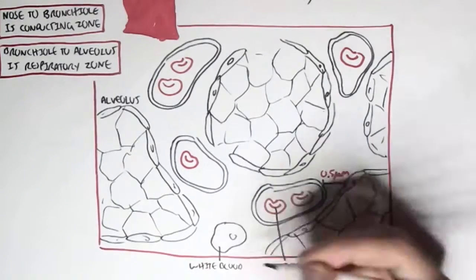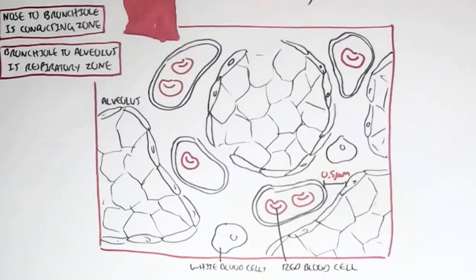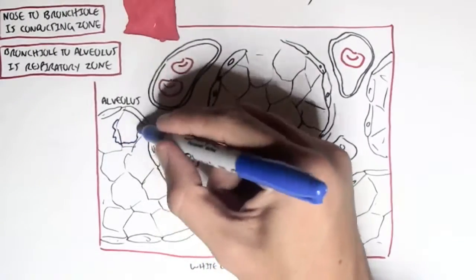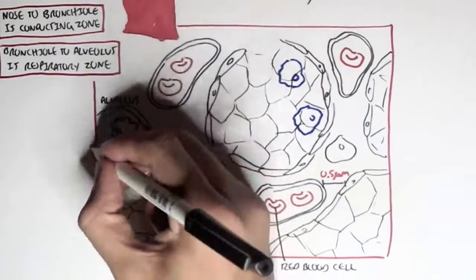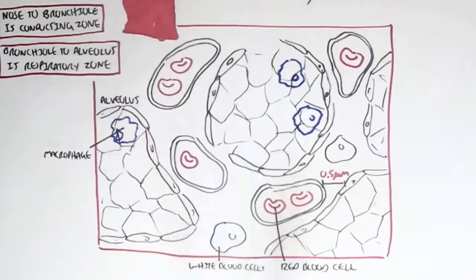Also around this area, we have white blood cells. And within the alveoli, we have macrophages. So why do we have macrophages and white blood cells within our lungs? Well, it is important to have white blood cells, such as macrophages, within our lungs. And this is because our lungs are continuously exposed to the outside.